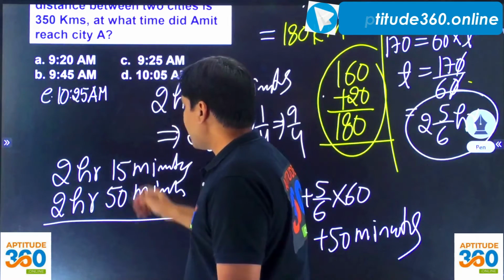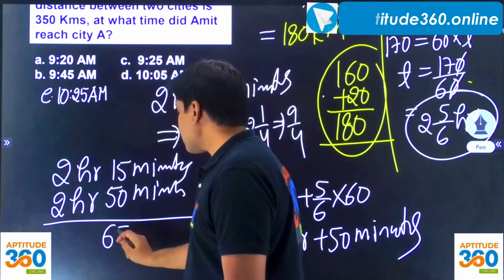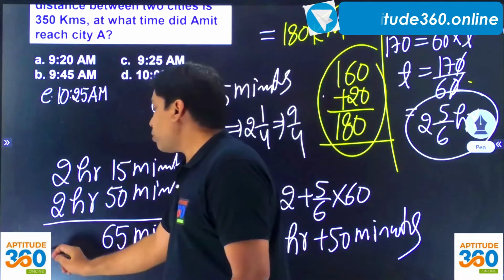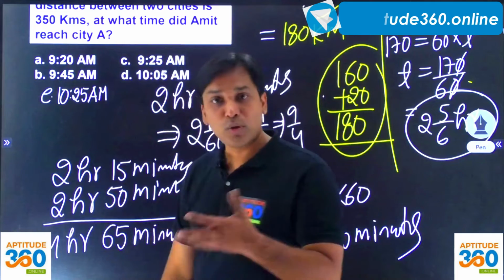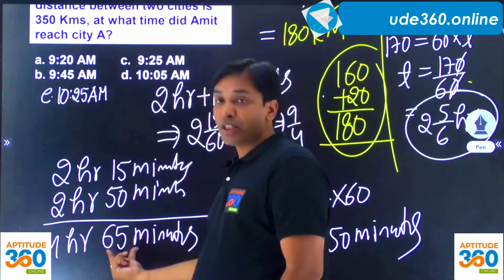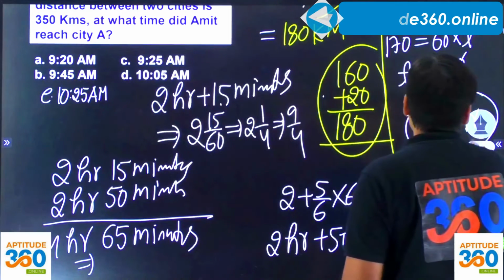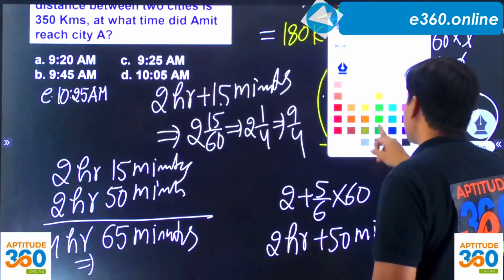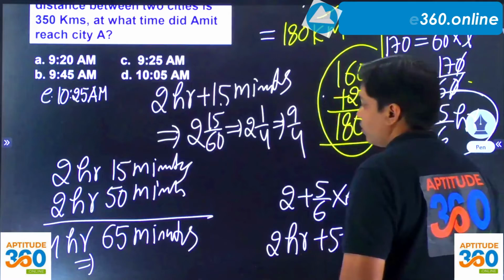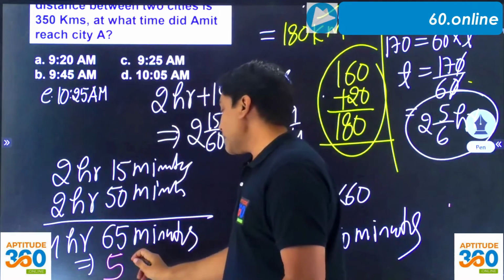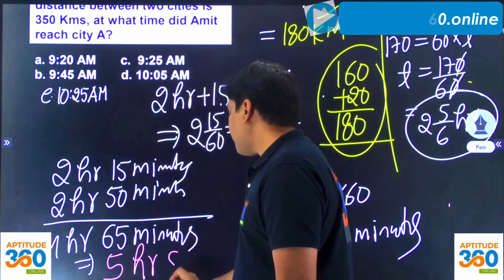So if we add this up, this is going to be 4 hours 65 minutes. ऐसा कुछ होता तो है नहीं, क्योंकि 65 is going to be 60 plus 5. I can further write this down as 5 hours 5 minutes. Does this make sense? I hope you're understanding this.